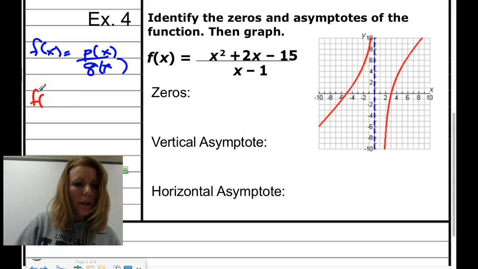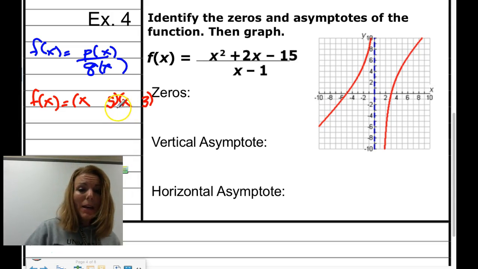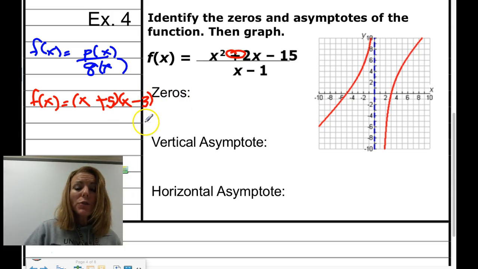So let's factor it. We can factor the top. Okay, x, and it will be 5 and 3. Because they have to multiply to a negative, one's negative, one's positive, I give the sign to the bigger number, plus, and then minus.